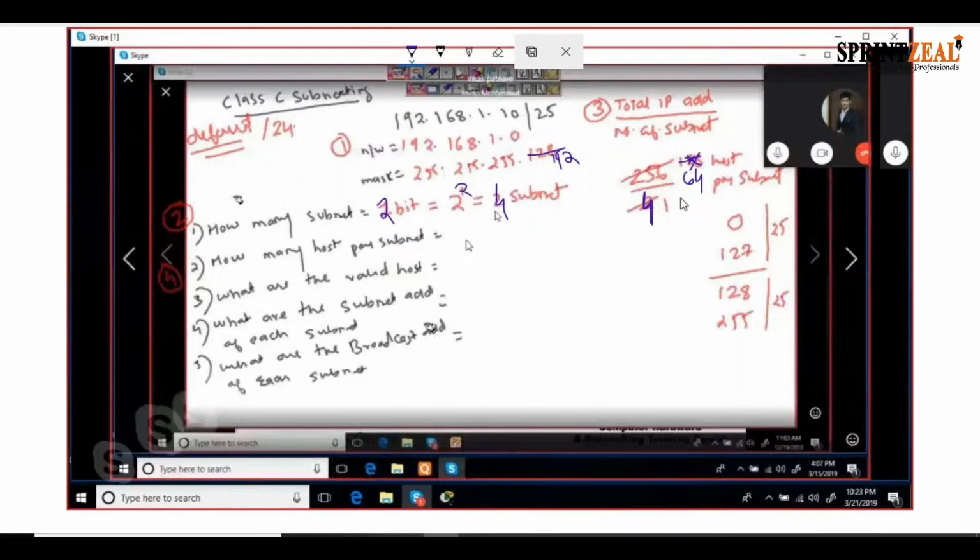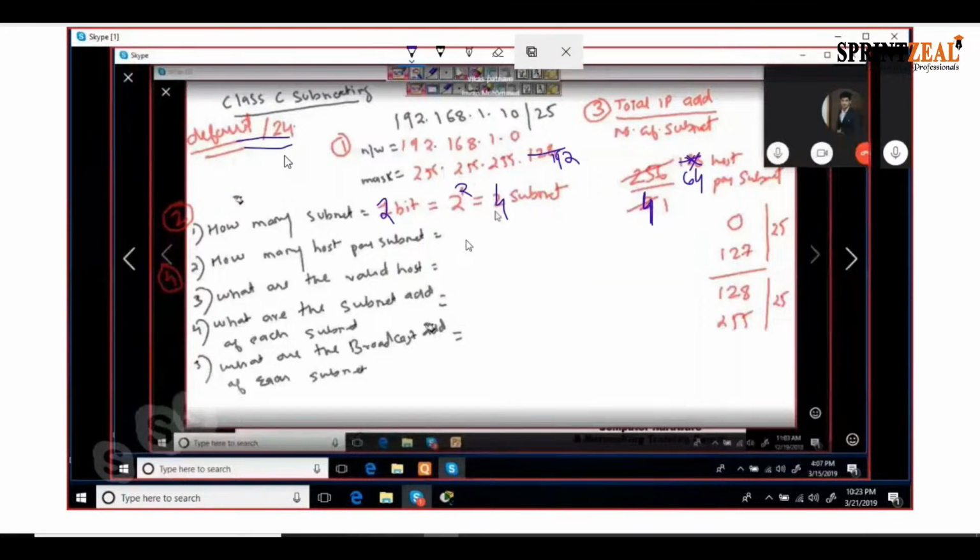Because of the class C address, the last 8 bits are the host part. 256 is the total IP addresses. I have told you. In class C subnetting, /24 is the default mask, right?